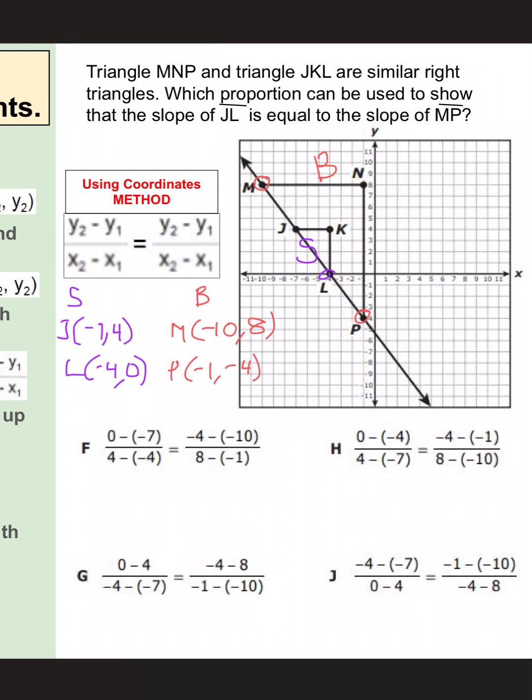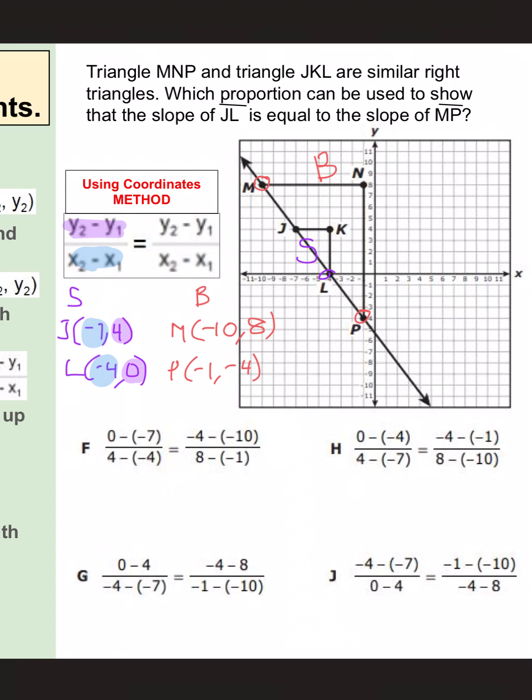Okay, so just so you know, when we set up our formula, it's y2 minus y1. So these are my y's in that, which means the 4 and the 0 should be at the top of one of the fractions, and then the other part, the x2 minus x1, should be at the bottom of one of the fractions.